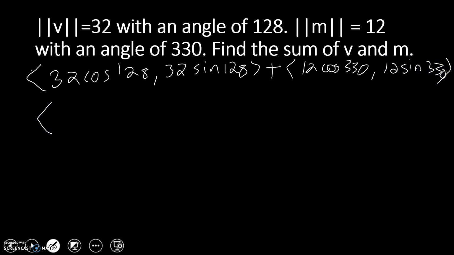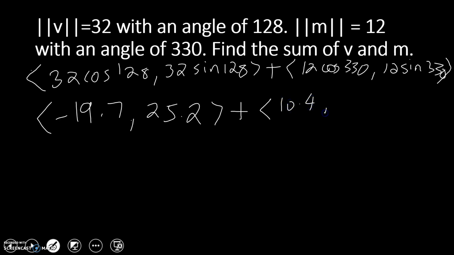So get out your calculator and you'll get 32 cosine of 128 is equal to negative 19.7, and 32 sine of 128 is 25.2, and you're adding it to 12 cosine of 330, which is 10.4, and 12 sine of 330 is straight up negative 6.